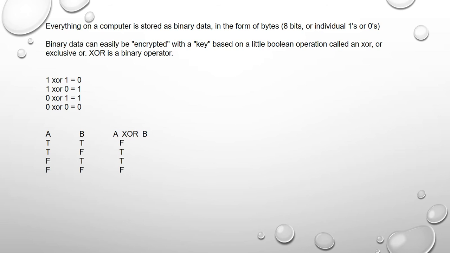The logic says that if both inputs are true, the output is false, whereas any one true gives the output as true. So here, first one is true and second one is true, but as per exclusive OR you get the false output. If true and false, true will be displayed. If false and true, true will be displayed. If false and false, then false will be displayed.